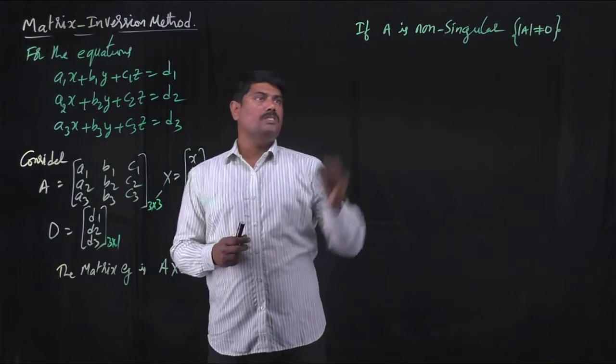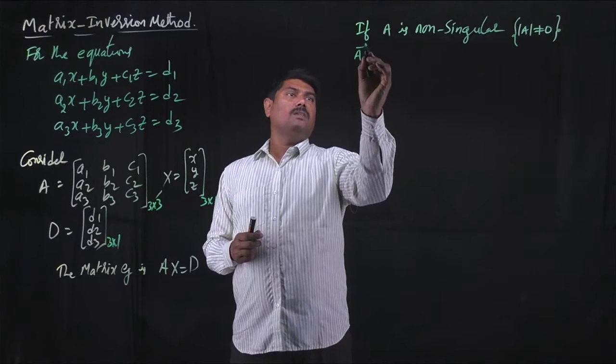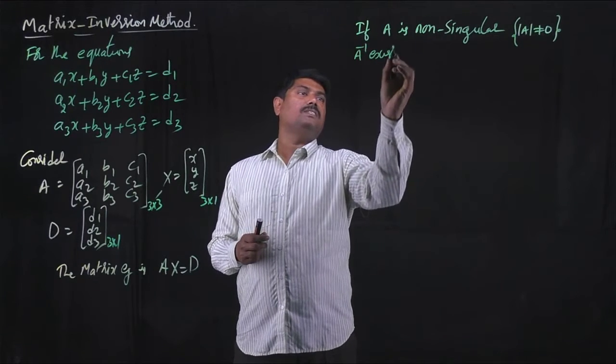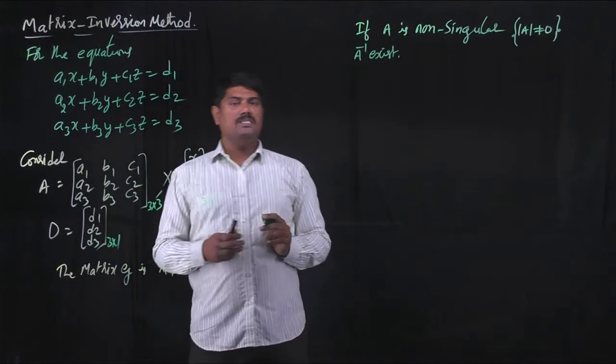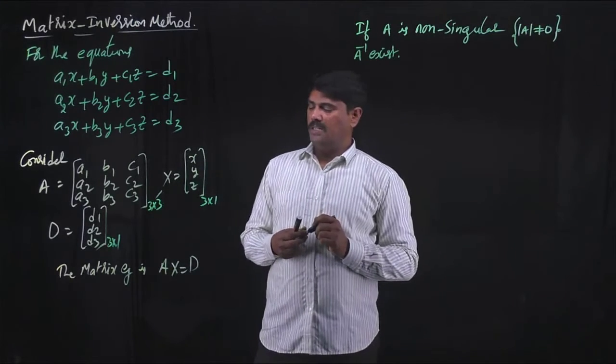If A is non-singular, for every non-singular matrix A inverse exists. So for every non-singular matrix you can find its inverse.